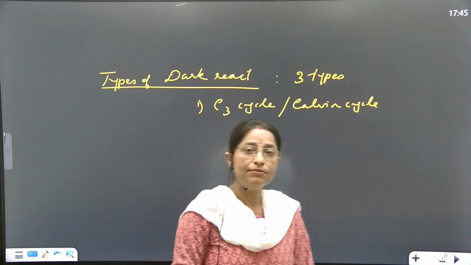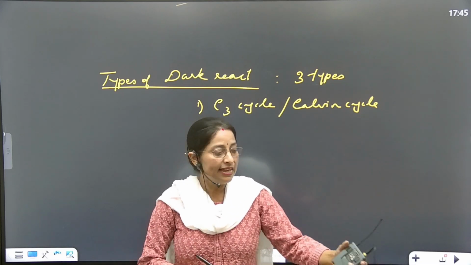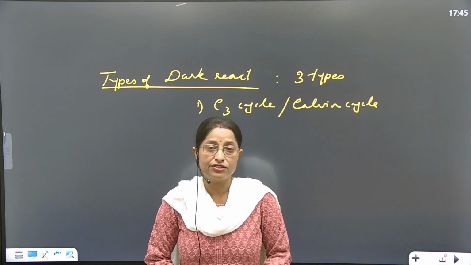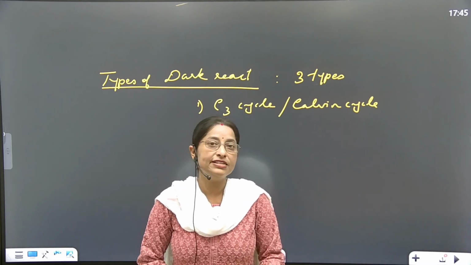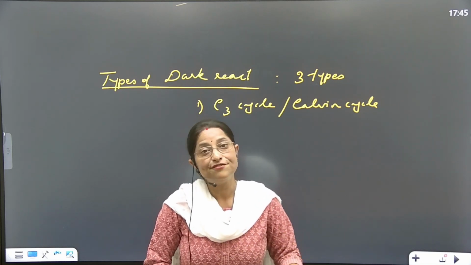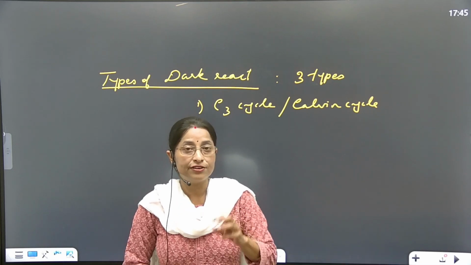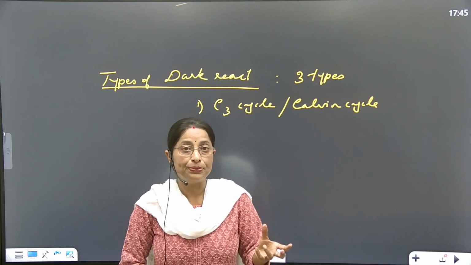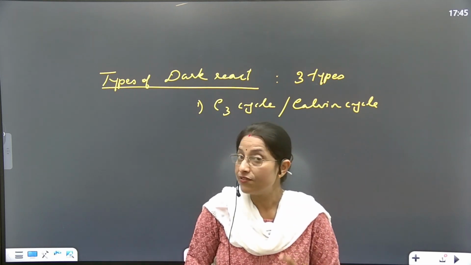Why I'm talking about the types of dark reaction is because we will later study that the same type of dark reaction is not seen in each and every type of plant. There are different types of plants which follow the dark reaction in a slightly different manner, according to something called the first product of carboxylation. Carboxylation, I think you remember, was the fixing of carbon dioxide, right?